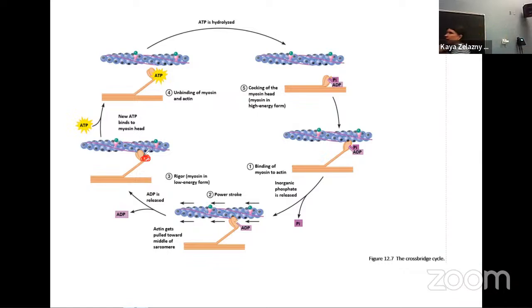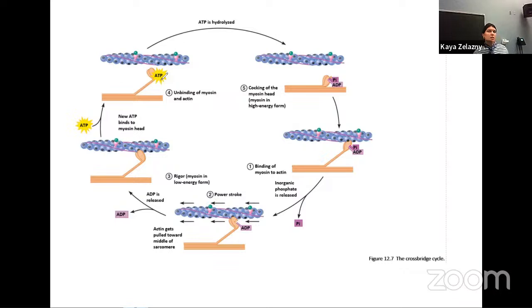Whenever we have binding onto a protein, we're likely to have a shape change, and we do have a shape change here. The shape change is first the unbinding of the myosin and the actin. So when ATP binds into the ATP site, the ATPase site, it unsticks these two proteins from each other. So now we have a gap. Okay.